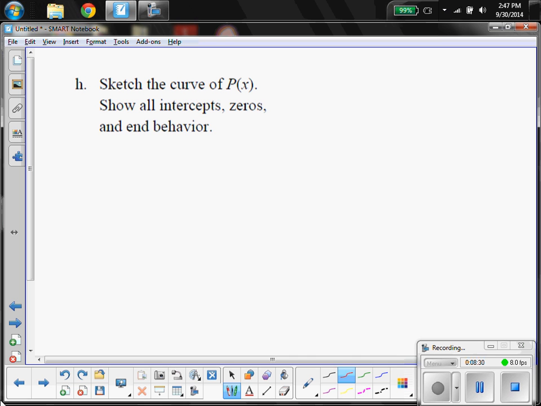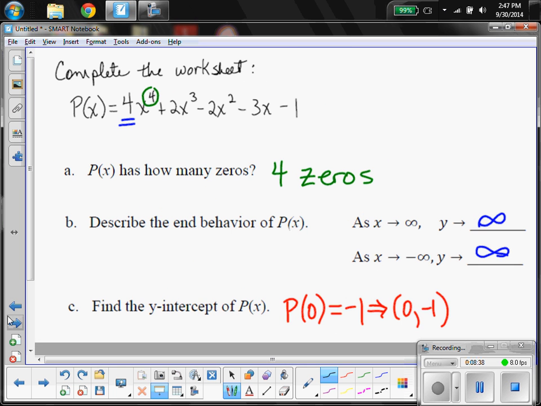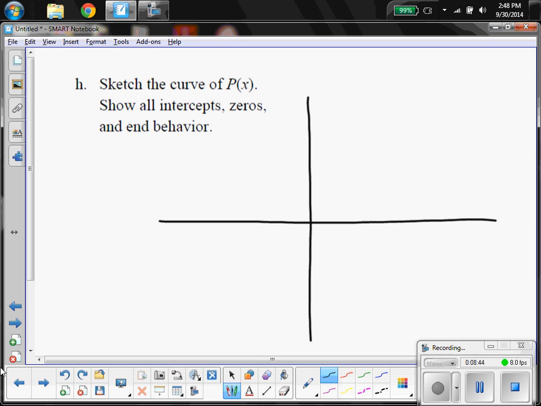Okay, so let's see. Now finally in part H I've got to graph this function. So let's see, back to the beginning. All right, my y-intercept was 0, negative 1. Okay, so that means I need to put a point at 0, negative 1. I found out that its end behavior is here. It's going up both ways for my entire domain.